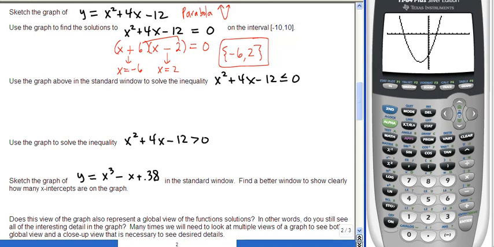So here's how we're going to do this. If we want to know where this equation equals 0, the first thing you have to realize is that finding out where this equation is true means finding out when y is 0. And y equaling 0 represents these two intercepts on the x-axis, because that's what an x-intercept is. It's when y equals 0.